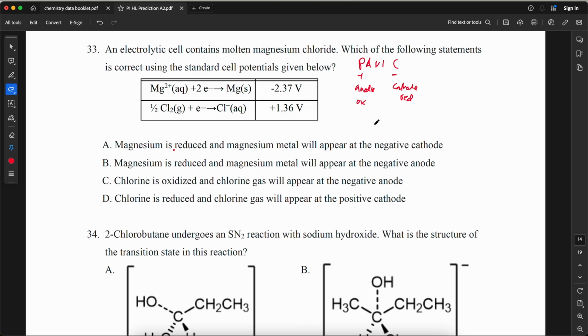So Mg2+ is a positive ion and will go towards the negative electrode, and Cl- as a negative ion will move towards the positive electrode. So the answer will be A. Magnesium is reduced. Okay, and magnesium metal will appear at the negative cathode.